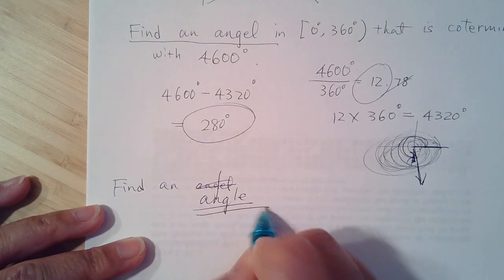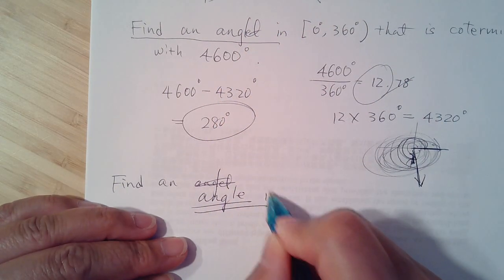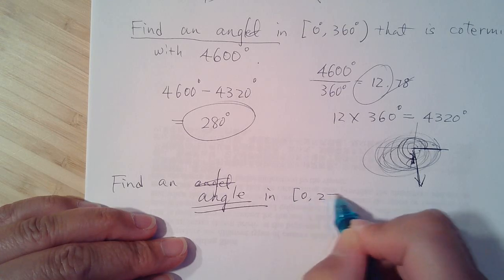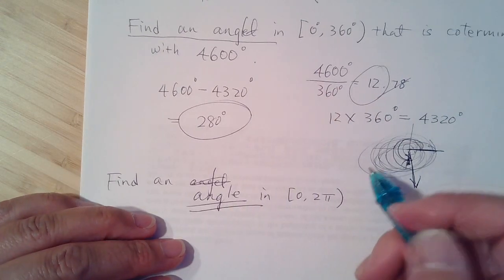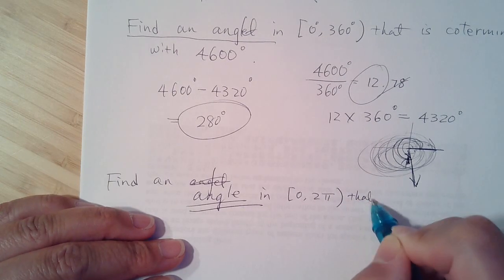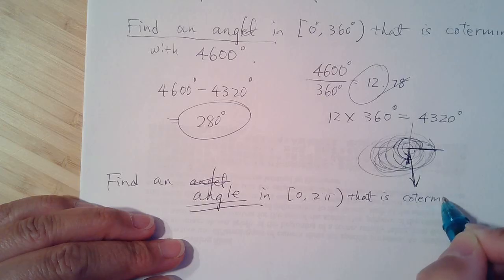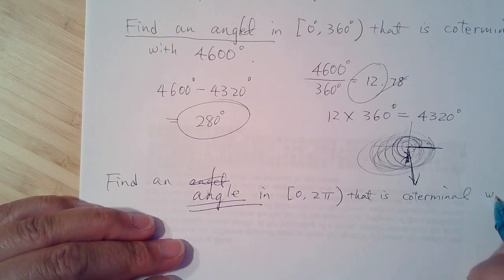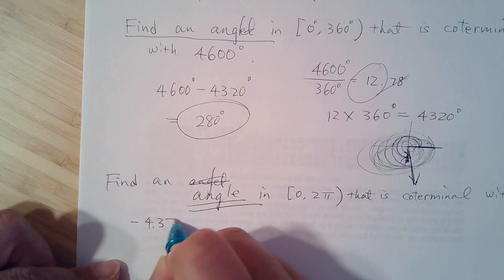Find an angle in 0 to 2 pi, because I only want that in the first cycle, that is co-terminal with negative 4.3 pi.